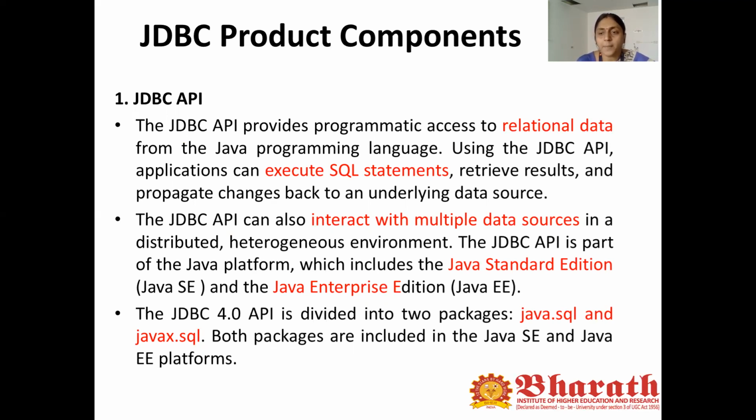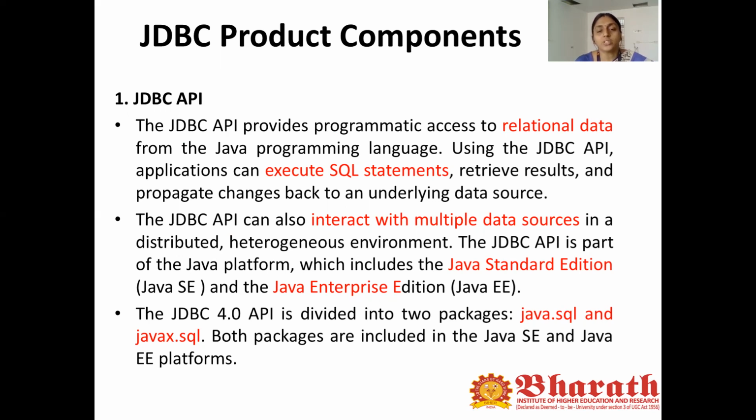And the JDBC API is part of the Java platform, which includes Java Standard Edition, called Java SE, and Java Enterprise Edition, called Java EE. This JDBC API is divided mainly into two packages, that is the java.sql package and the javax.sql package.